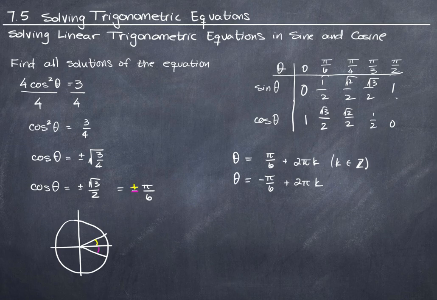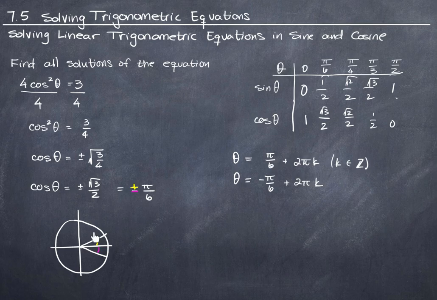Now we have to check and see where else there is an angle whose cosine is either positive or negative √3/2. We have all students take calculus, so all trig functions are positive in quadrant 1. We're looking for cosine. So all students take calculus, C for calculus. Cosine is positive in this quadrant.